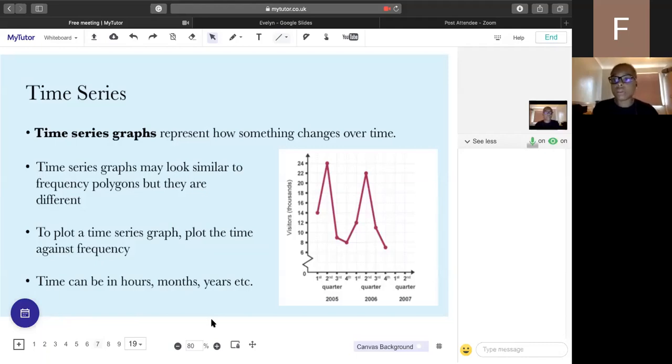To plot a time series graph, you would just plot time against frequency. Time can be in hours, months, years, minutes, seconds, anything like that, as long as it is a time or a time period. They are similar to frequency polygons, but remember, frequency polygons use grouped data with categories, whereas time series uses time. So please remember that difference.